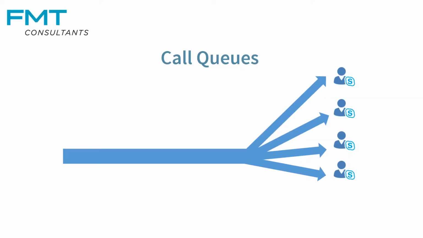A graphical representation of this call queues is right here. So again, this call comes in and it will hit the auto attendant and then goes into, in this case, one of 4 different queues that can be manned by one agent or multiple agents. And again, it can handle the 50 agents and the 200 concurrent calls.